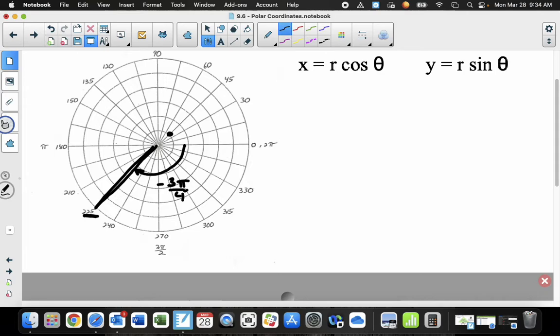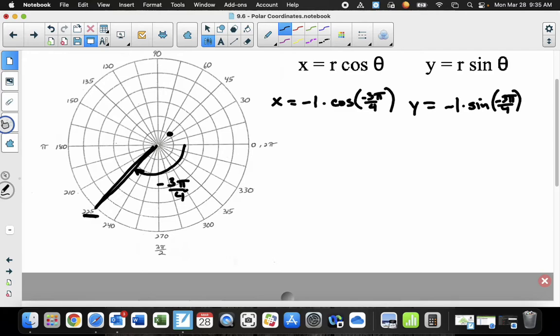Okay, so now if we go through and plug in our values, let's figure out what the corresponding x and y coordinate of that point is. If we plug in the information again, radius we said was negative 1 times the cosine of negative 3 pi over 4. Remember negative 3 pi over 4, that was down here at 225.